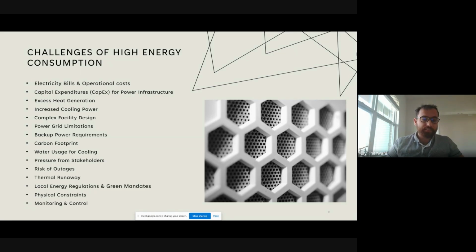Then you have different pressures from different stakeholders. You have the EU coming up with all these laws that you can only have this much carbon emissions or this much of these things if you're using your facility and stuff like that. So there is also pressure from different stakeholders, and there is also a risk of outages.